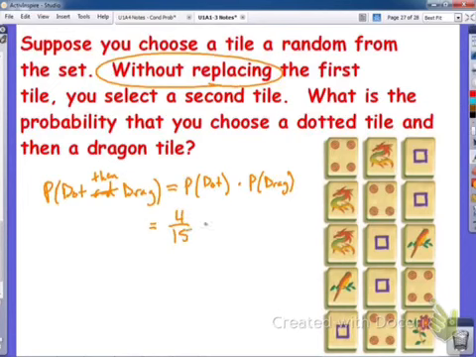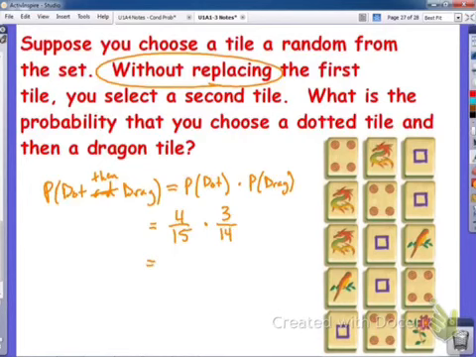But now, we're going to multiply this times the probability of selecting a dragon tile. And is there any difference here? 3 over 14, right? It's going to be 3 because there's 3 dragon tiles out of a total of 14 tiles because we took one and we did not replace it. Very good. So this is equal to 4 over 15 times 3 over 14.